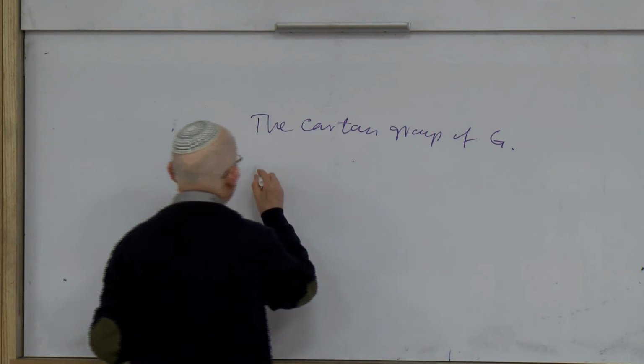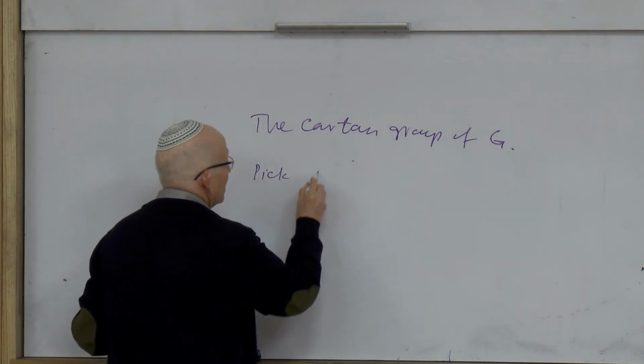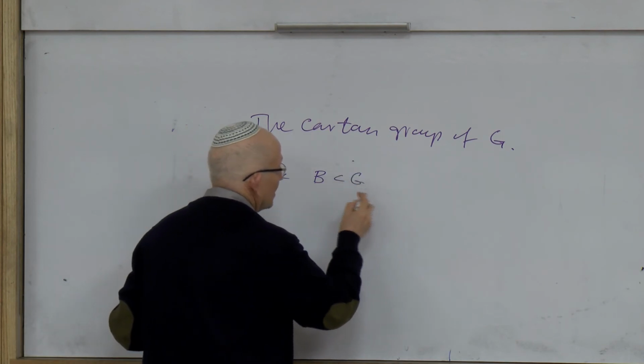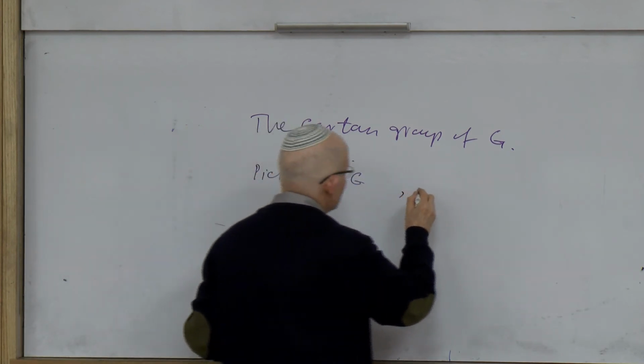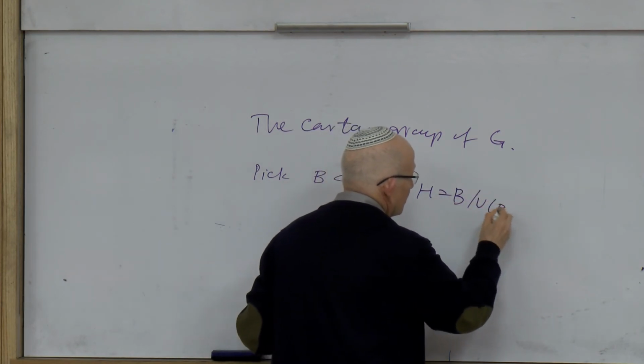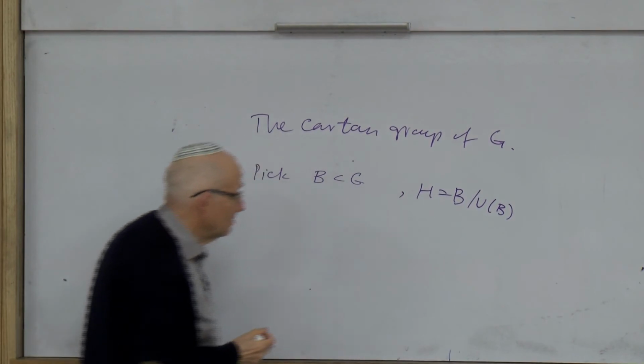Namely, let's pick any Borel subgroup B in G, and let H_B be equal to B mod U, B modulo its unipotent radical.